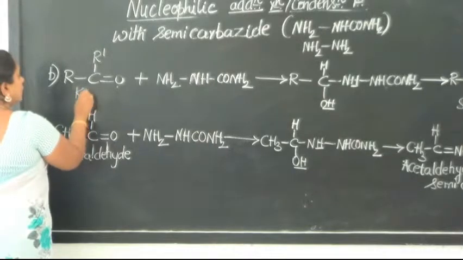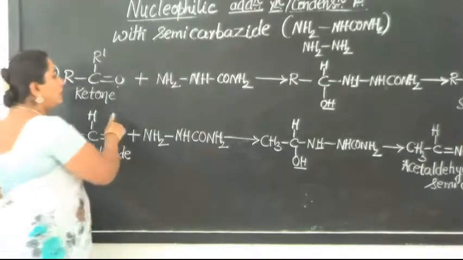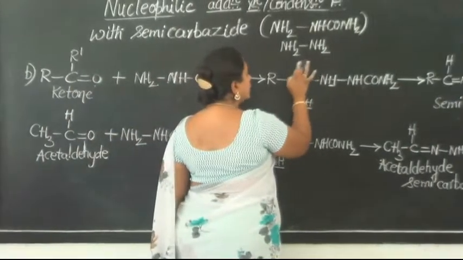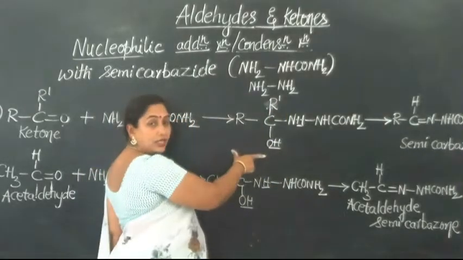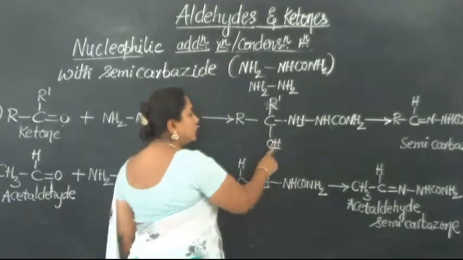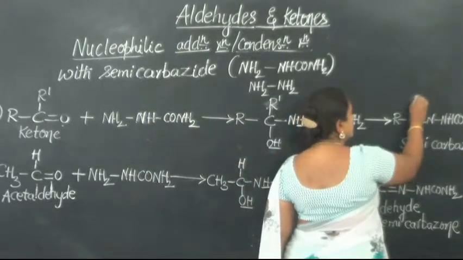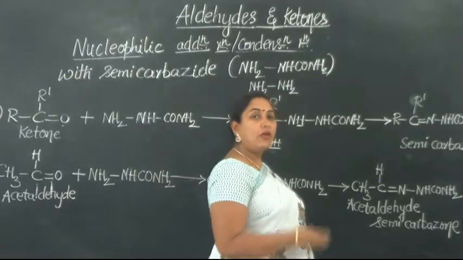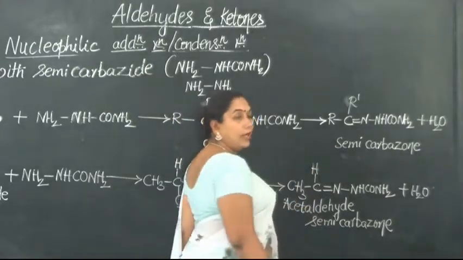The general formula of a ketone, as you know, is RCOR'. So, a ketone when treated with semicarbazide will form the addition product, which will now eliminate a molecule of water as shown to you here. Then it will form the compound ketone semicarbazone. Ketone is a general name because we have not taken any example specifically. Therefore, it is called ketone semicarbazone.